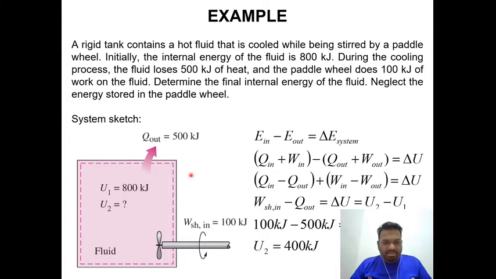We have a closed system with a paddle wheel, so our work is entering. Initially the internal energy of the fluid is 800 kilojoule, so the initial condition is 800 kilojoule.